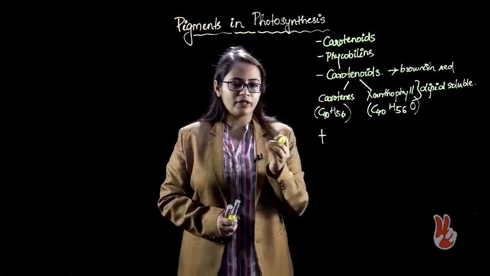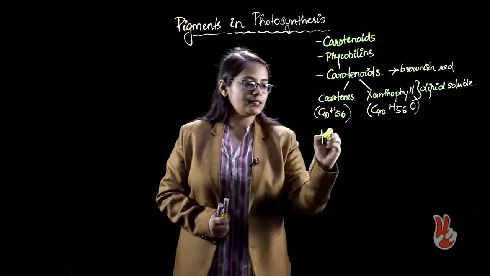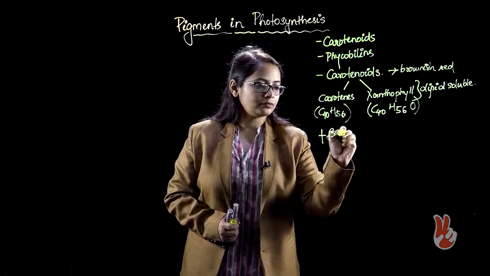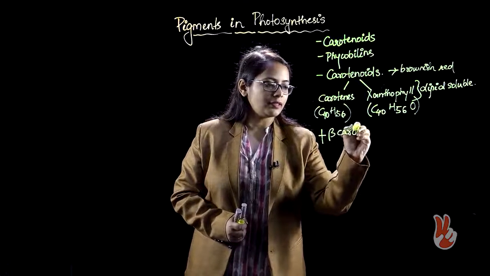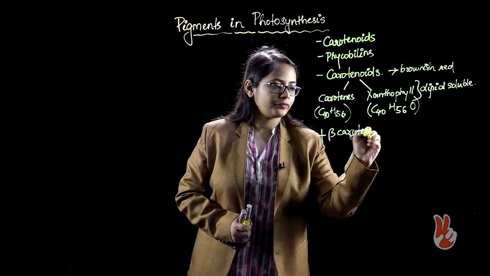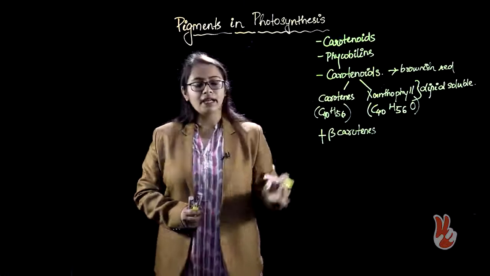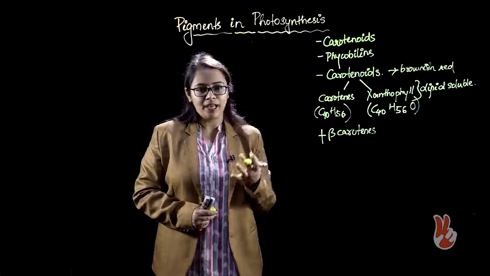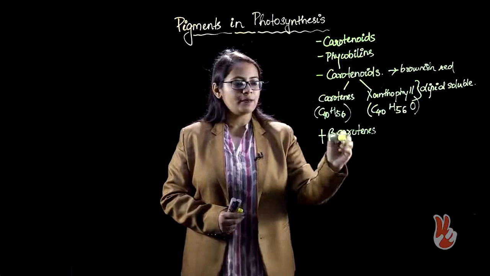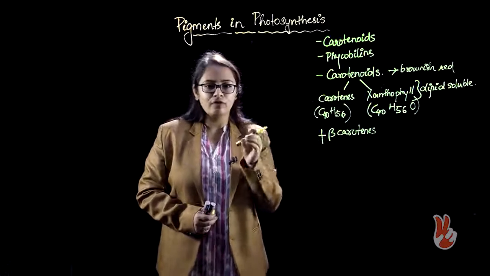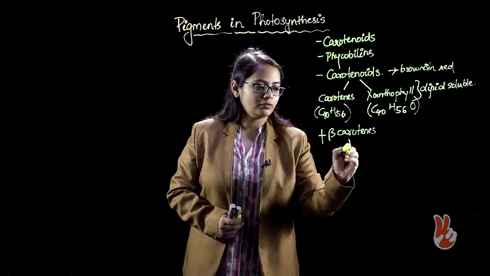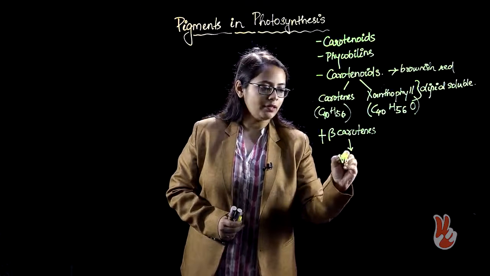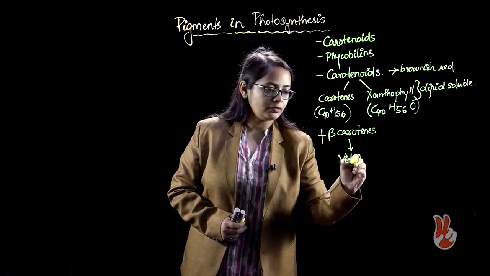The most important and very common carotene is beta carotene. The beta carotene plays a very important role in the body of an animal or human because this beta carotene is the precursor of vitamin A molecule, which is then utilized by our body.